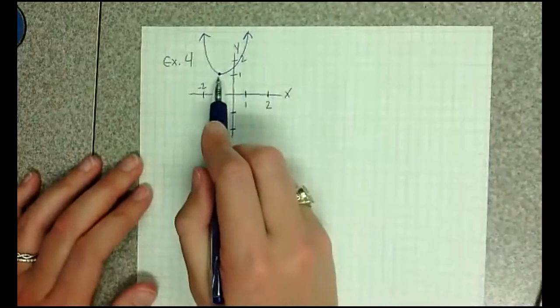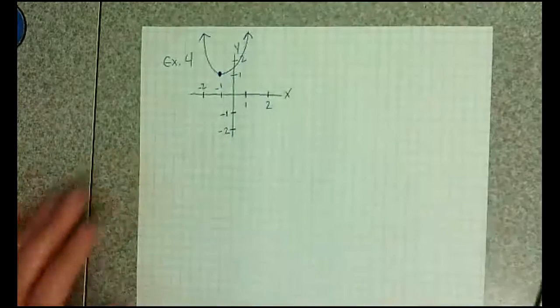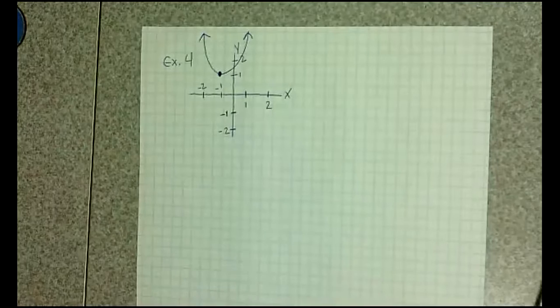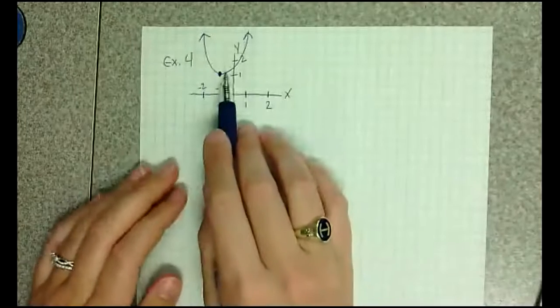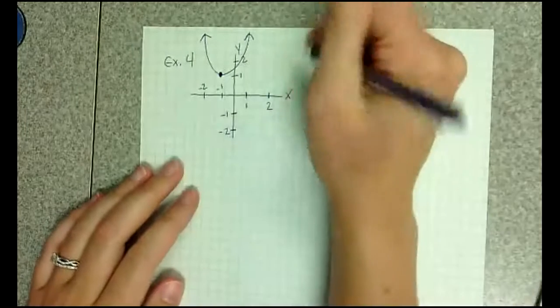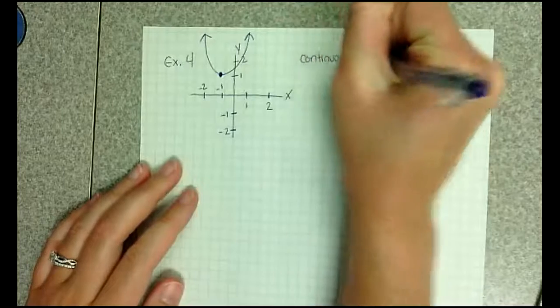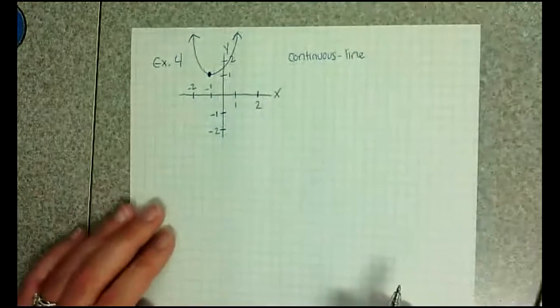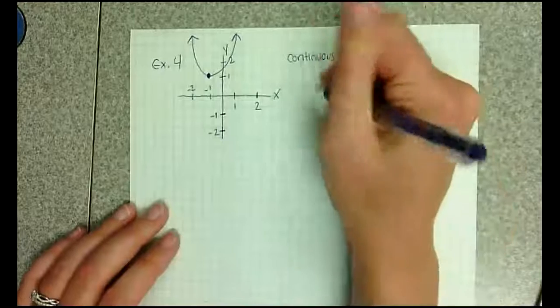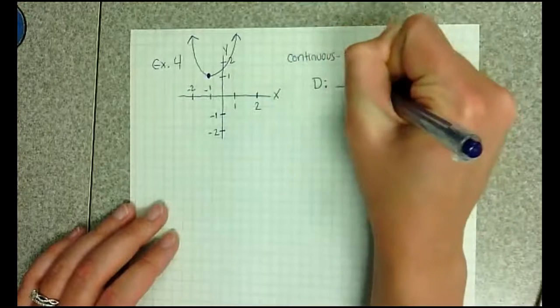Okay, so a point at -1, 1, and then it's opening up. We've got a line, so we know this is gonna be continuous. And if it's continuous, just go ahead and set up that inequality for me.